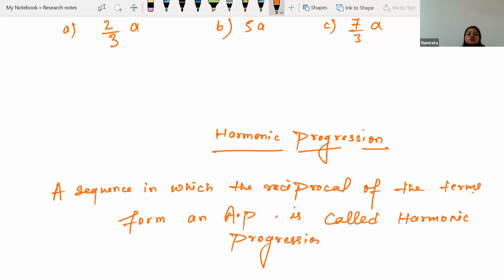As the definition says, whatever term is given in harmonic progression, you will end up having an AP when you take the reciprocals. Such a sequence is called harmonic progression.